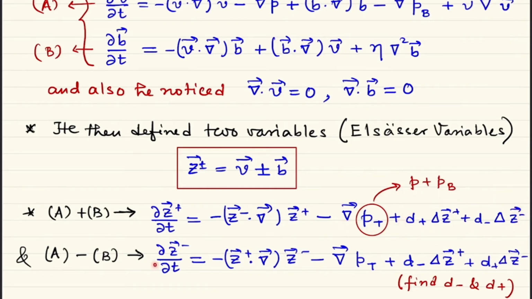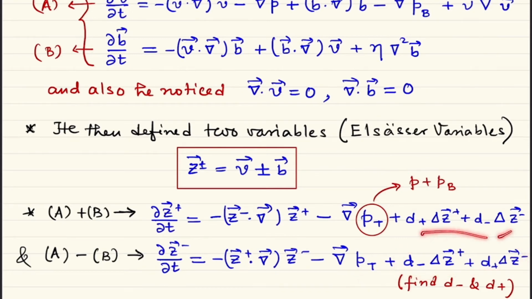And for ∂Z minus/∂t, we have minus Z plus dot nabla Z minus minus gradient of P total plus this total dissipation term.